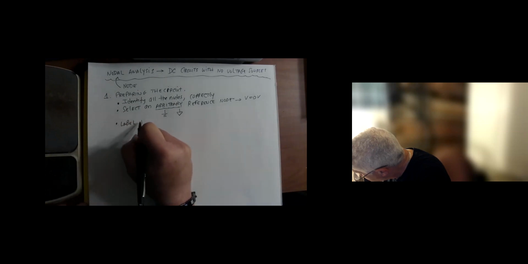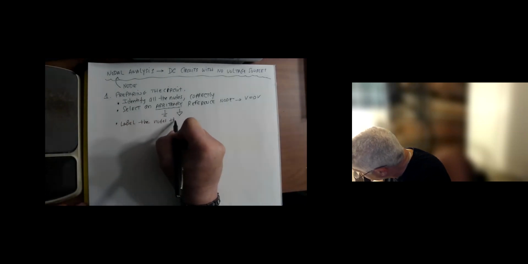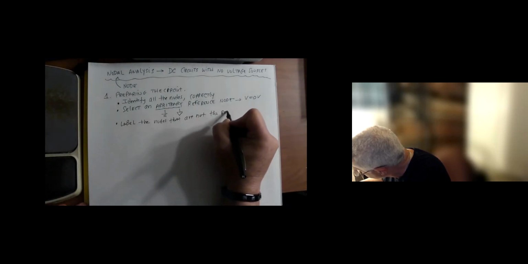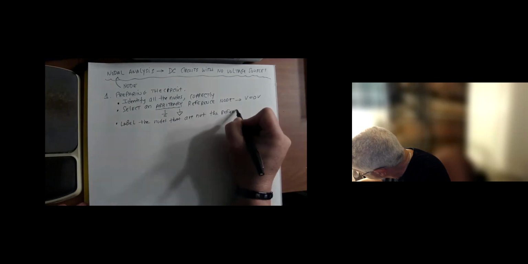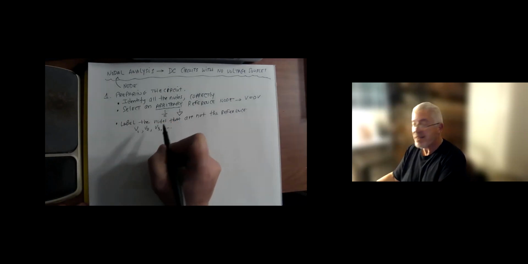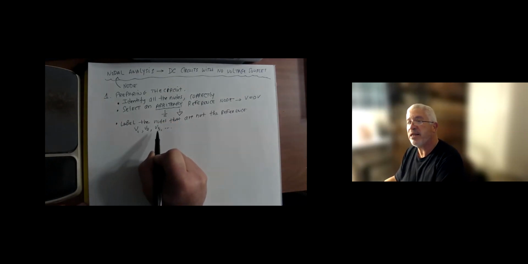The next step is we label the nodes that are not the reference. Typically I suggest you label them V1, V2, V3, and so on. In essence, I just don't want you to duplicate any node voltages.